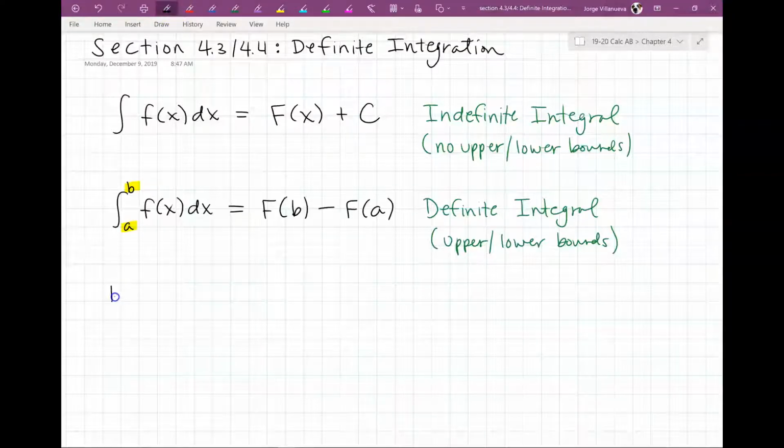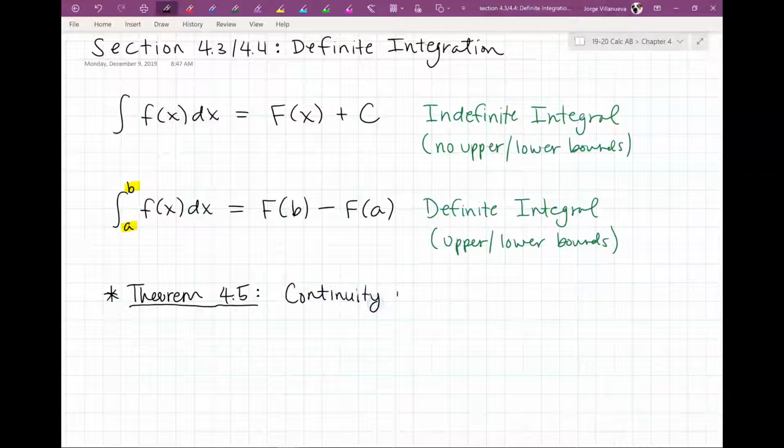So let's put this right here. Theorem 4.5. It basically says that continuity implies integrability. There's a big old definition that they talk about with this, but I'm going to shorten it up a bit.